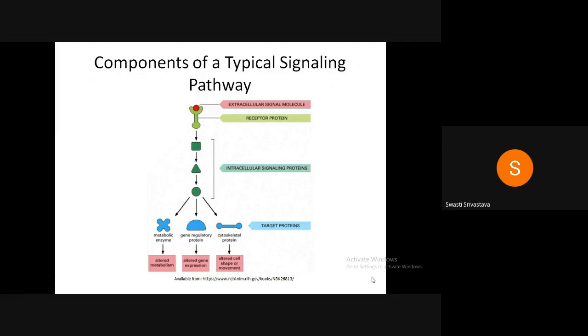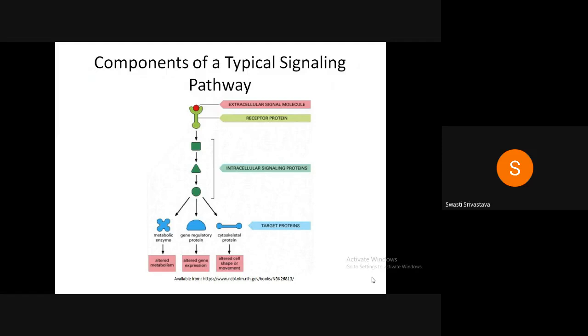Next in line in the pathway are your target proteins. Where should the signal finally strike? Where is the target where the response will be generated? That is your target protein. In the cell system, it may be a metabolic enzyme, a gene regulatory protein, or a cytoskeletal protein. In response to the extracellular signal, the target proteins will generate a response.